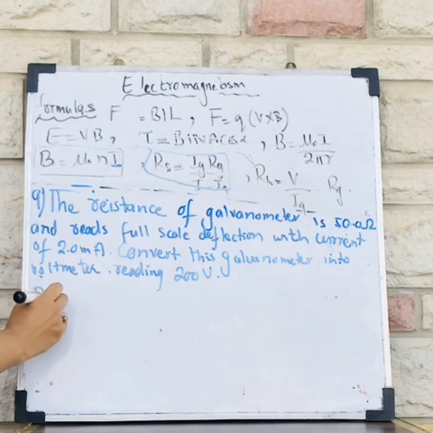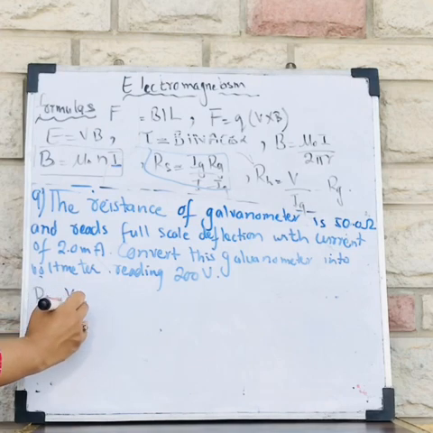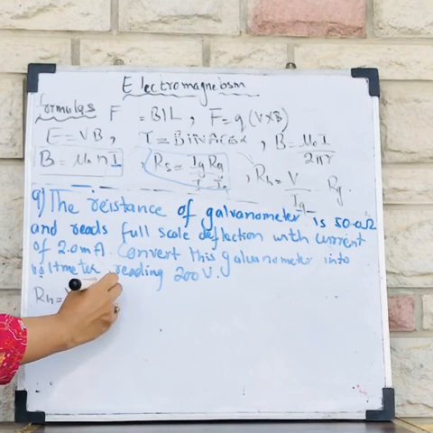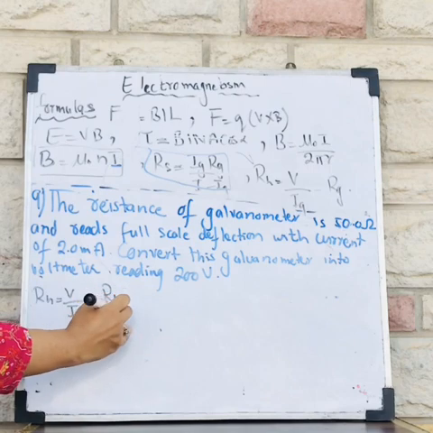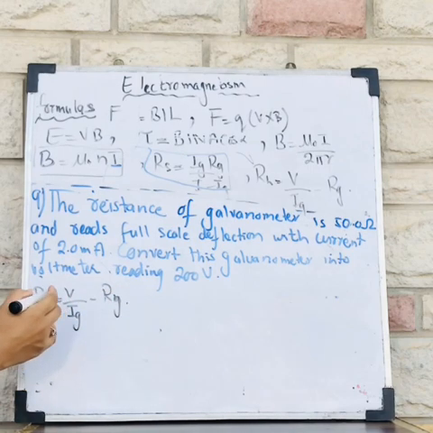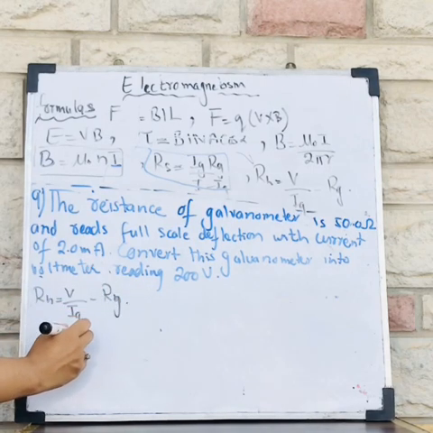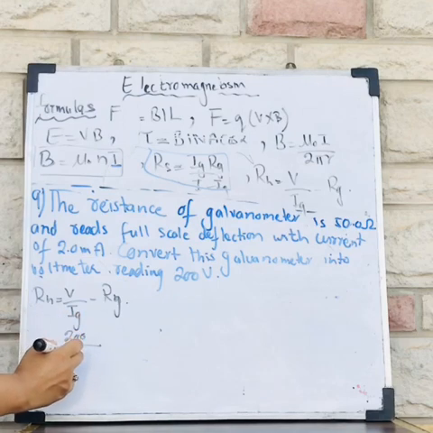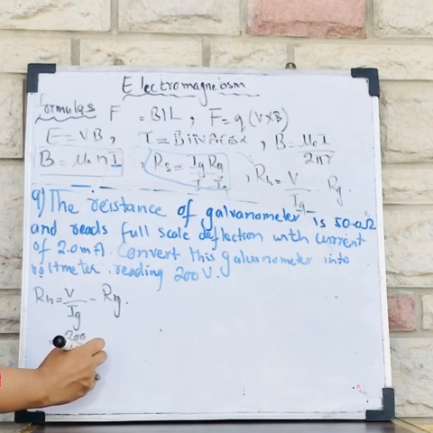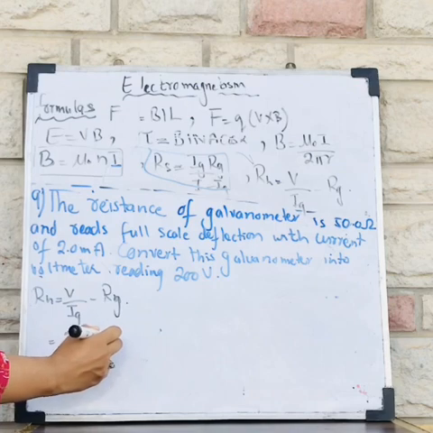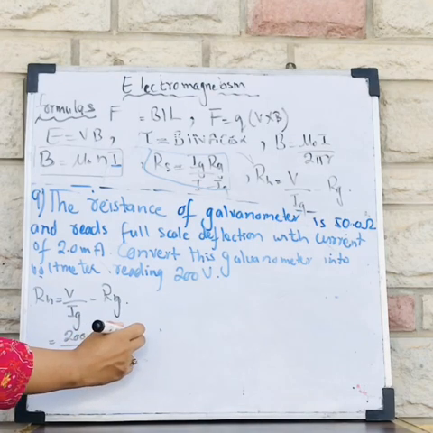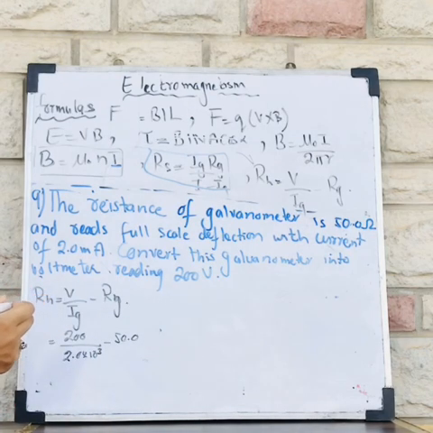The formula is RH equals V divided by Ig, minus Rg. Values: voltage is 200, divided by the current Ig, 2.0 into 10 to the power minus 3, minus Rg, which is 50.0.